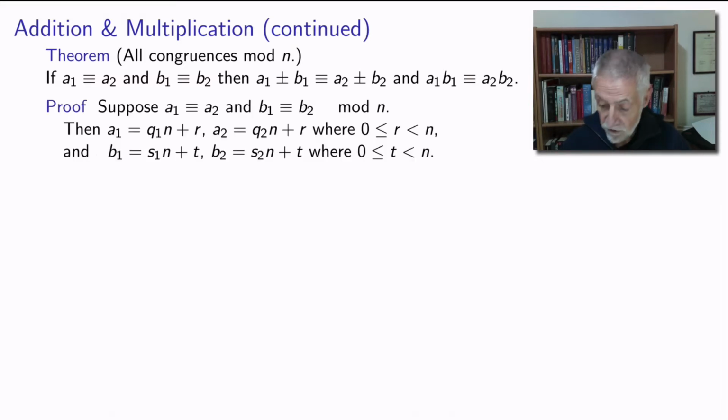So to write out the proof, we, as usual, write down the information that we can assume, which in this case is a1 is congruent to a2, b1 is congruent to b2, modulo n. Now if we write out what that really means, then we have that a1 is a multiple of n, q1 times n, plus r, and a2 is a multiple of n plus r.